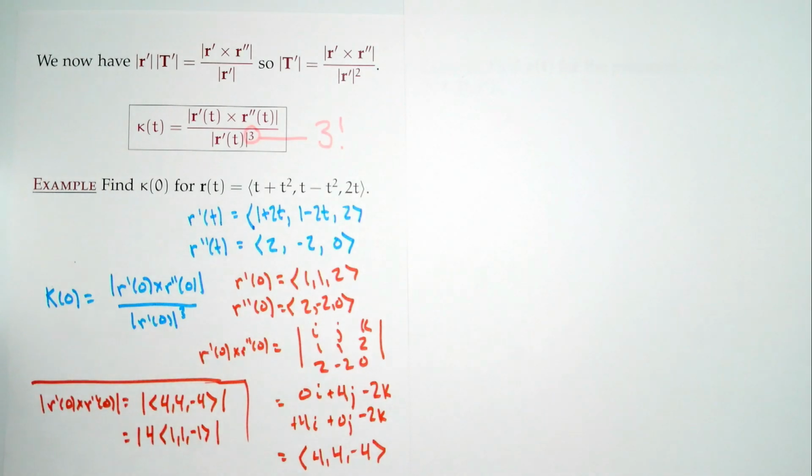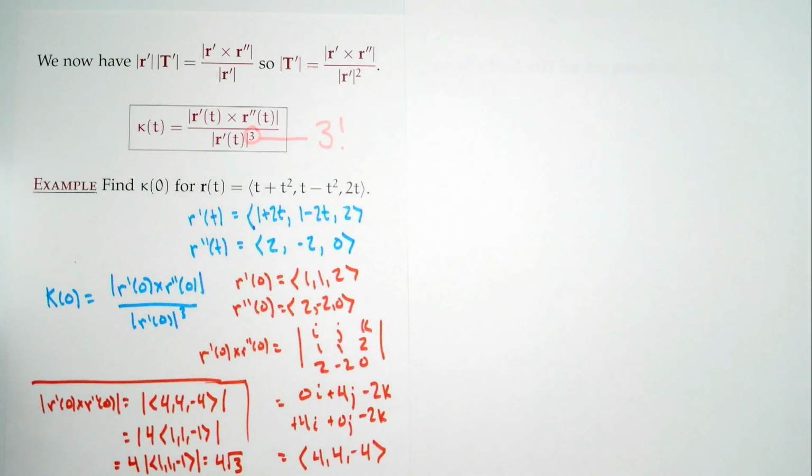So this becomes 4 times the magnitude of 1, 1, negative 1. The magnitude of 1, 1, negative 1 is pretty simple, because you take the square root of the first entry squared plus the second entry squared plus the third entry squared. So it becomes the square root of 1 plus 1 plus 1, also known as square root of 3.